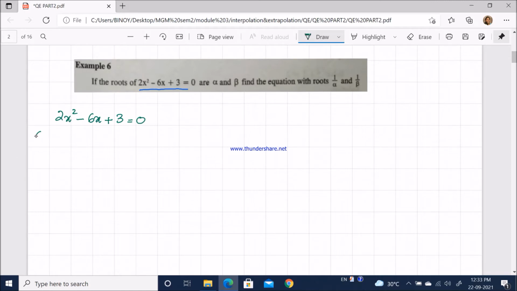So according to the general form, ax square plus bx plus c equals 0, a is equal to 2, b is equal to minus 6 and c is equal to 3. Now we are asked to find the sum of the roots.